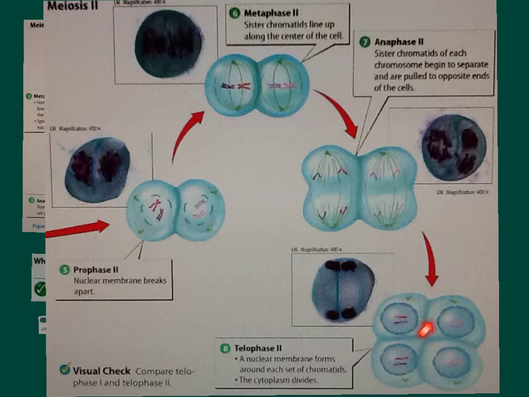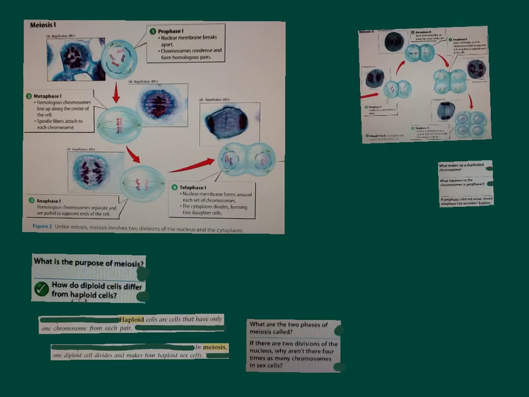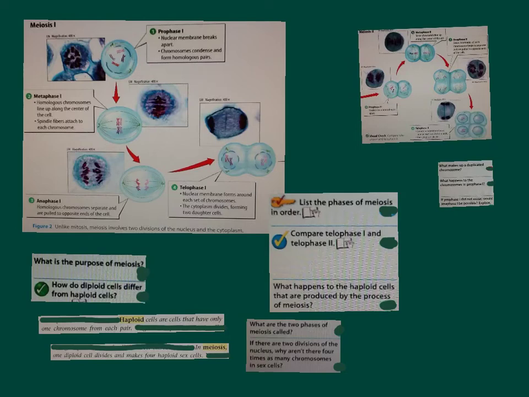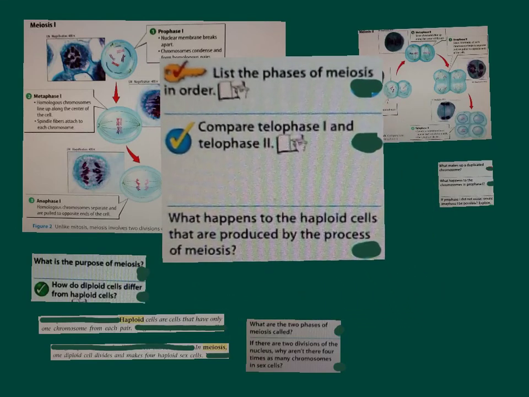Okay, so now I get to ask the all-important questions. You get to pick one of the 3 to write down. First one, of course, if you notice, is the key concept question, so eventually you're going to have to answer this one. List the phases of meiosis in order.